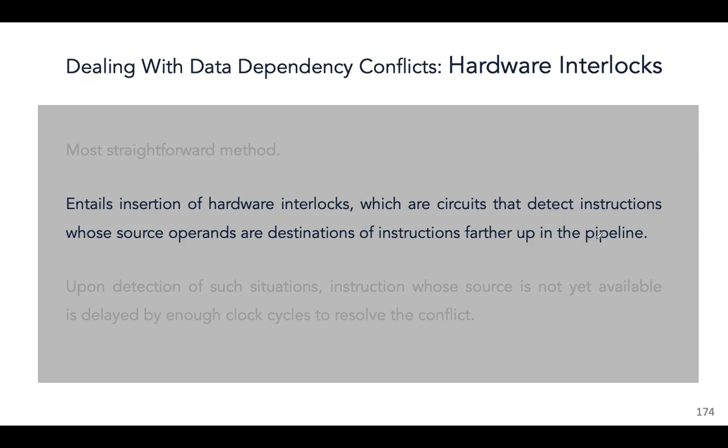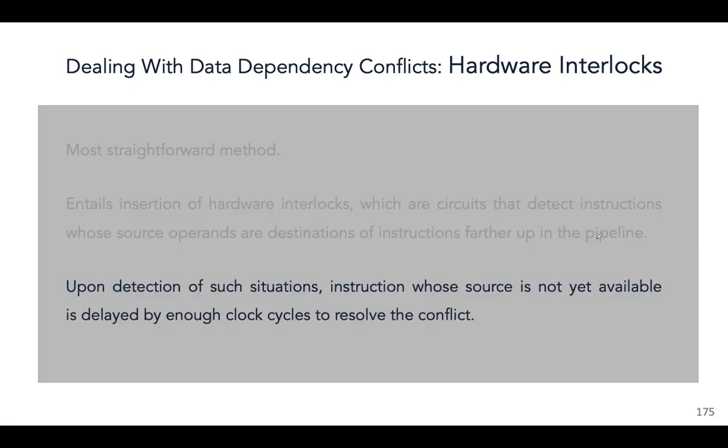So whenever there are any instructions whose operation depends on attainment of operands from a previous instruction, that is what a hardware interlock detects. Now, when it detects such situations, instructions whose source is not yet available is delayed by enough clock cycles to resolve the conflict.